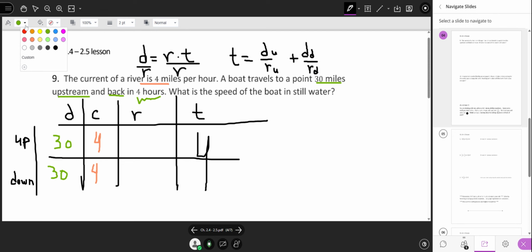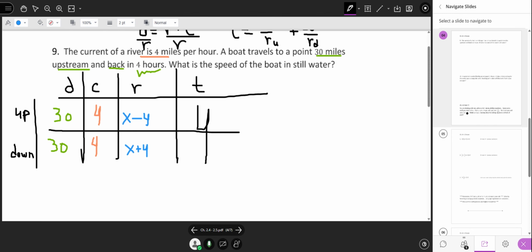Now, here's the trick. Your rate, if you're going upstream, upstream slows you down. So your rate is 4 miles, your current, 4 miles slower because you're going upstream. But downstream, you're being pushed 4 miles an hour faster. So that's kind of neat.